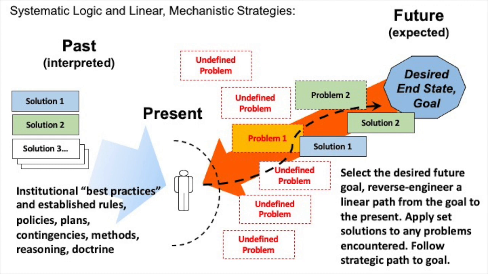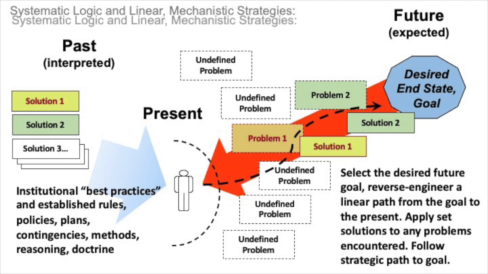The traditional decision-making seeks to identify these problems, drawing from the interpreted past where the military institution stacks up various coded solutions. These solutions are subsequently paired with a range of problems until one problem appears to best be solved by the institutional solution, and the organization can then advance along the line of effort ever closer towards the desired end state.